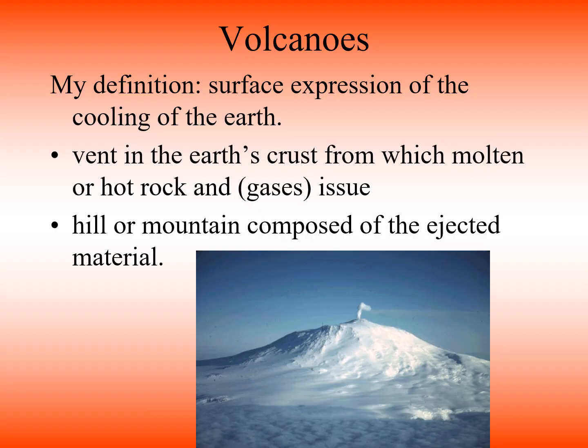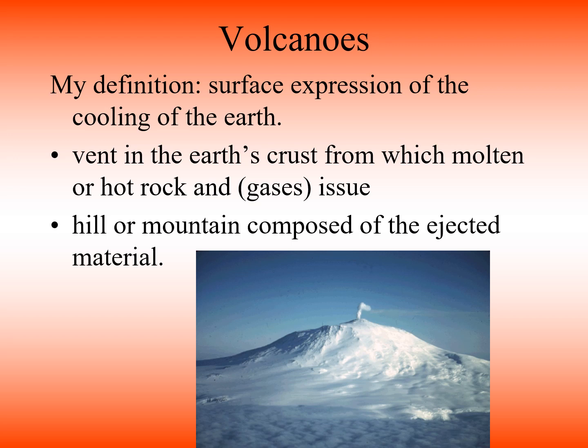So my definition of a volcano really is any surface expression of the cooling of the earth. That doesn't have to be just magma that erupts on the surface as lava. It can also be gases, any kind of volatiles coming out. Those are all expressions of the earth cooling.